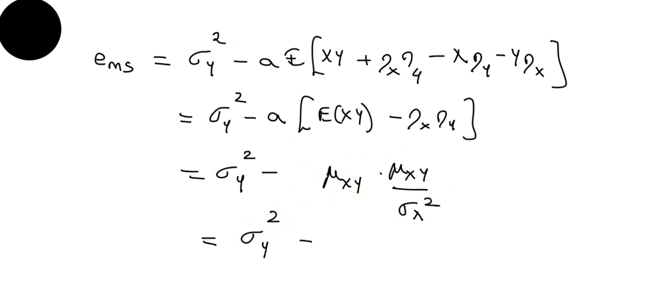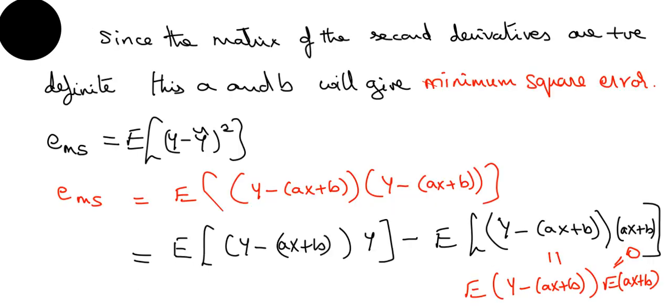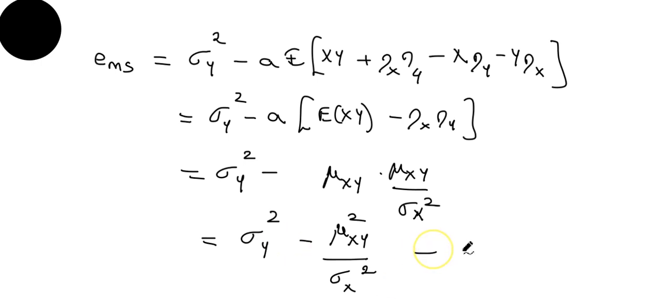So this will give me sigma y squared minus mu xy squared divided by sigma x squared. This is our final expression. To continue with our numbering, let us check till where we have gone with the numbers, or we may take this simply as Roman number 1, for this is one of our main results.